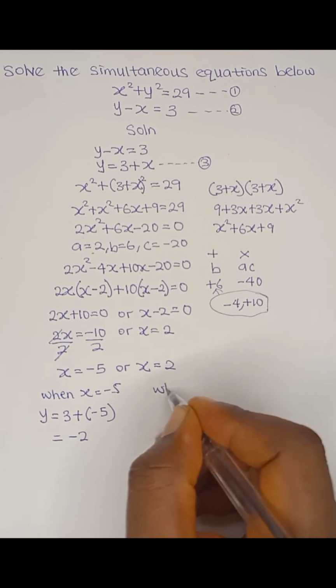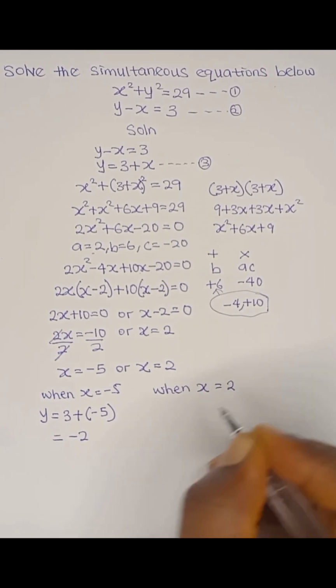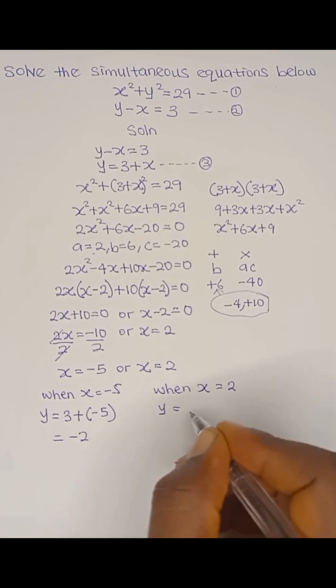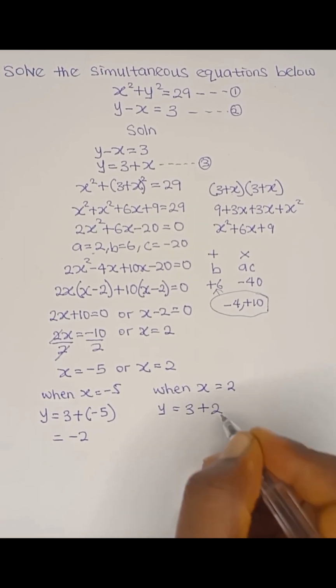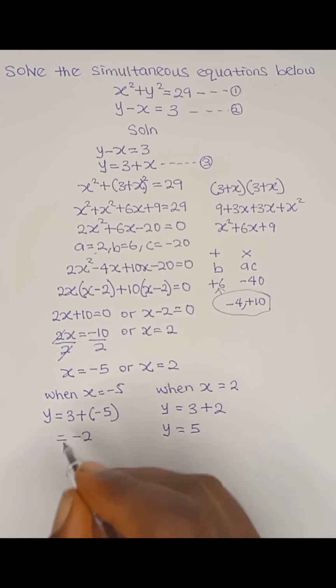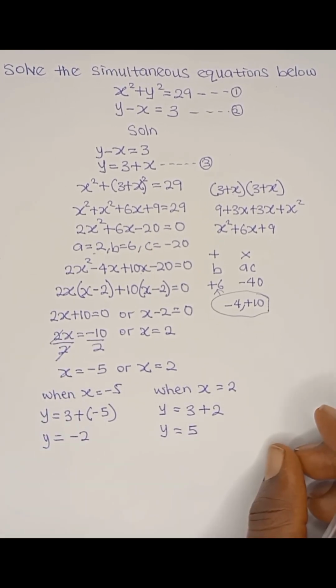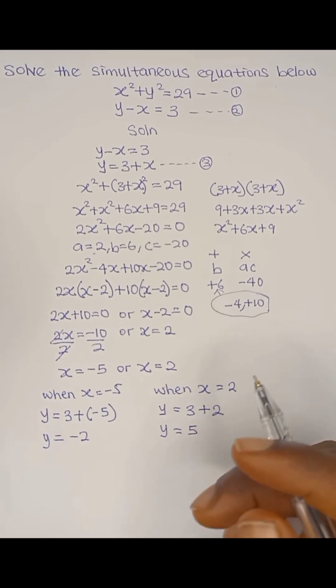And when x is equal to 2, y is equal to 3 plus 2. Therefore, y is equal to 5. So the two possible values of x are minus 5 and plus 2, and the two possible values of y are minus 2 and plus 5. So this is the simple answer to this question.